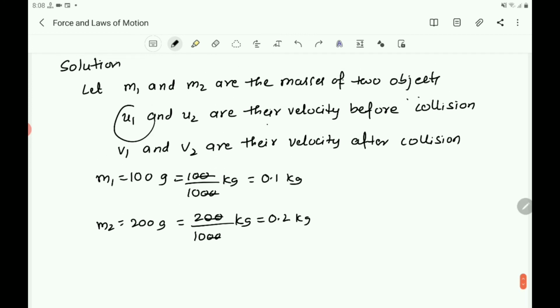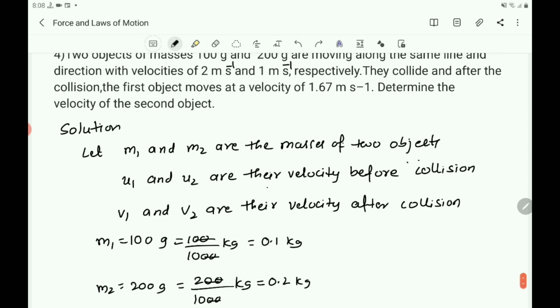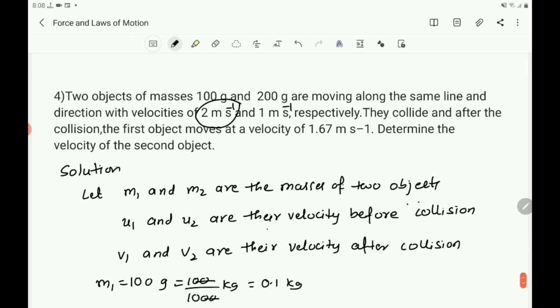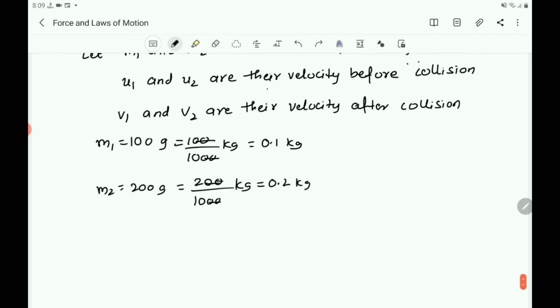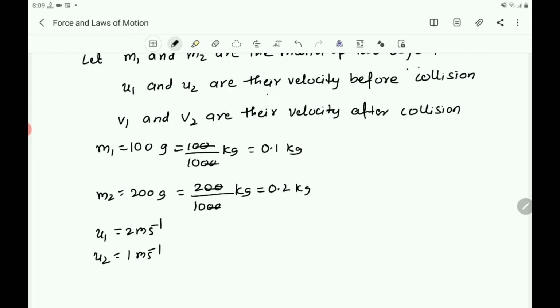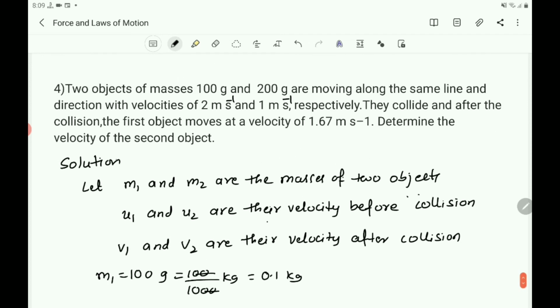Then you write u1 and u2. Here u1 is the velocity of the first object, and u2 is the velocity of the second object before the collision. So you write u1 equals 2 ms⁻¹, and u2 equals 1 ms⁻¹, and the first object moves 1.67 ms⁻¹ after the collision.